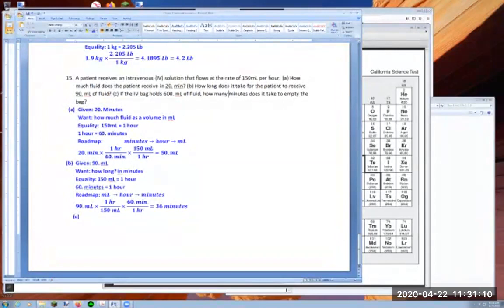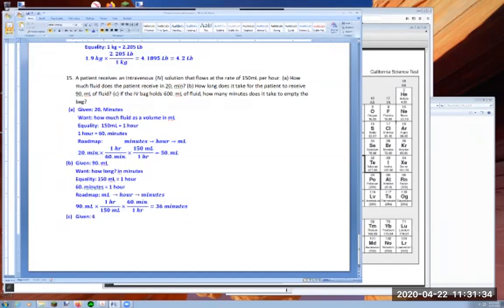Okay, so what would be the given here? When you have only one measurement with a single unit like that, it's most likely your given amount.